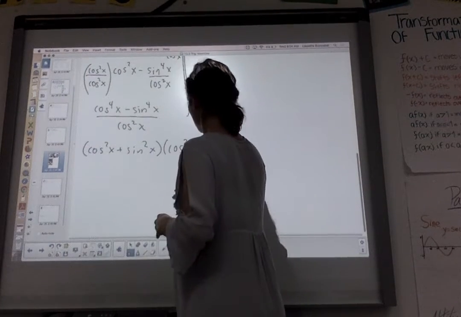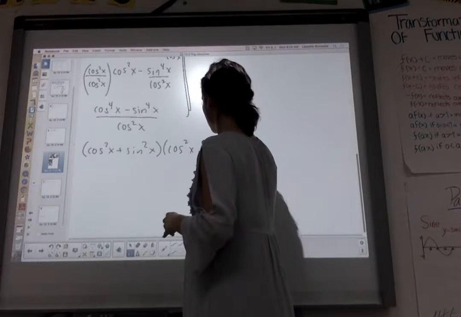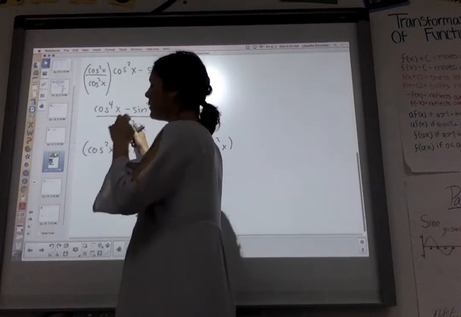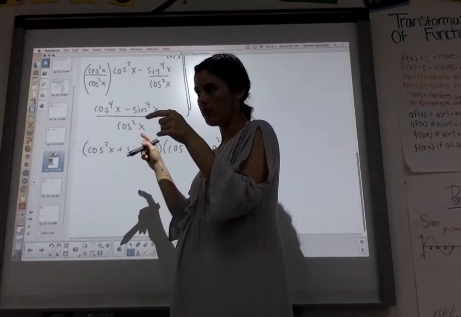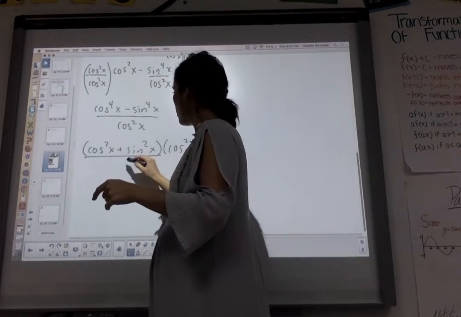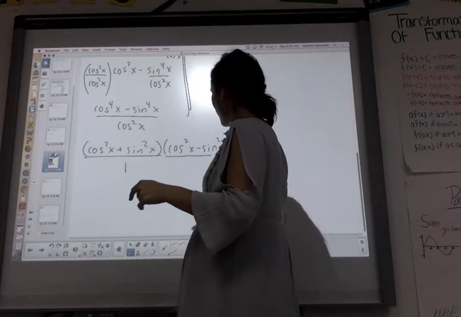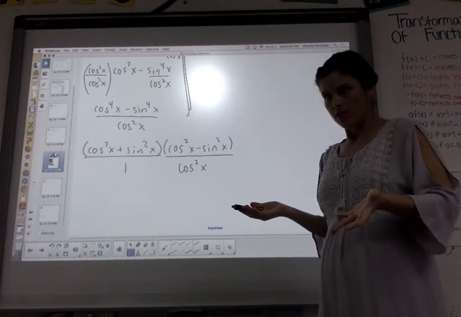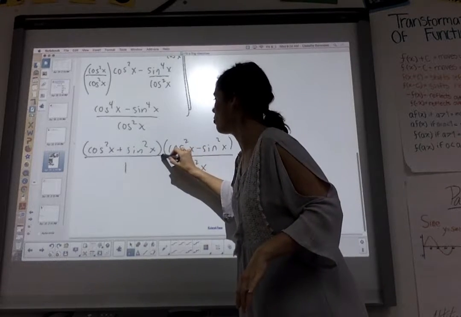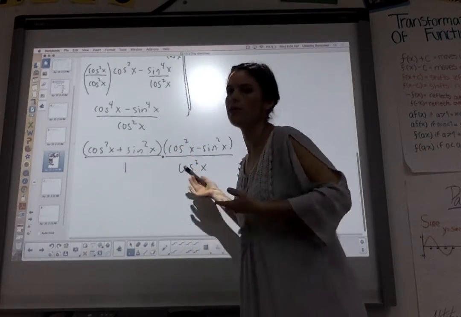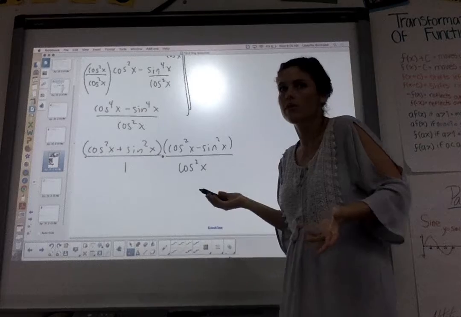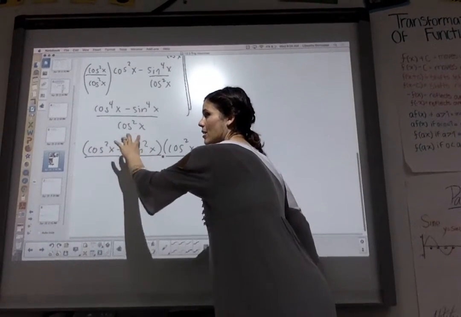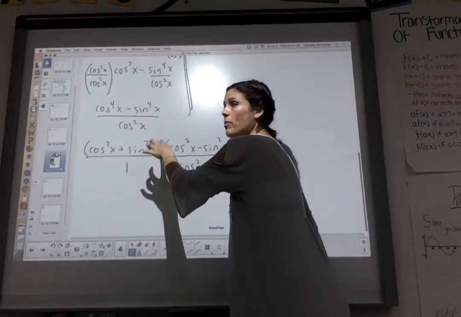I don't have any more room on the paper. Okay, the denominator is cosine squared. But look, I'm going to write this one over 1 and this one over cosine squared. They're still being multiplied, so the bottom is still cosine squared. You should recognize that: cosine squared plus sine squared is 1, the Pythagorean identity.